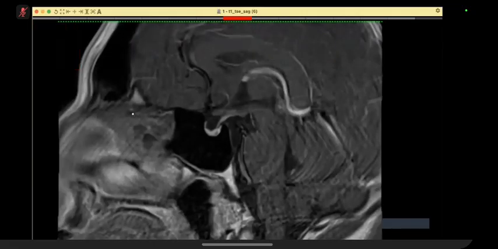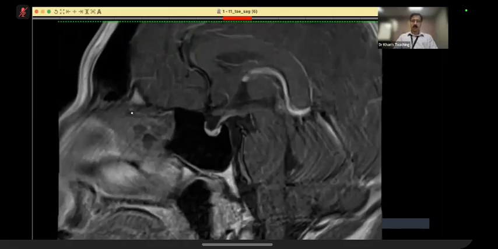So in a hypoenhancing focus in the pituitary, my top two differentials would be a Rathke's cleft cyst and a pituitary microadenoma. The patient presented with polyuria. Can you explain the symptoms with this finding?